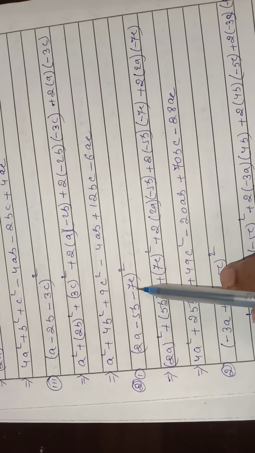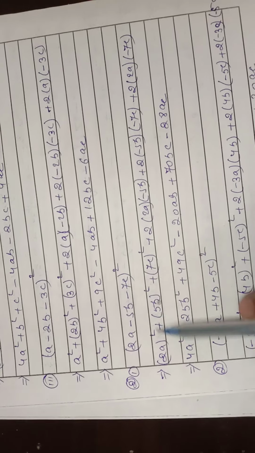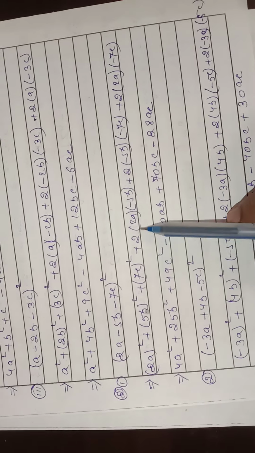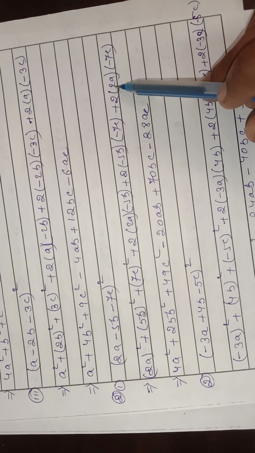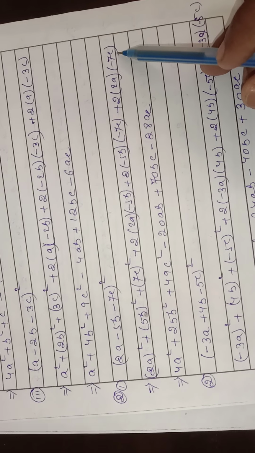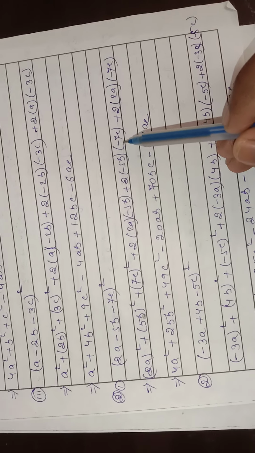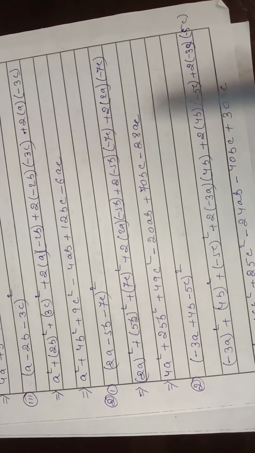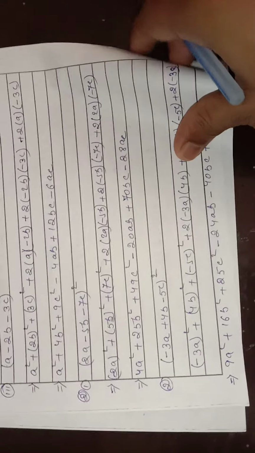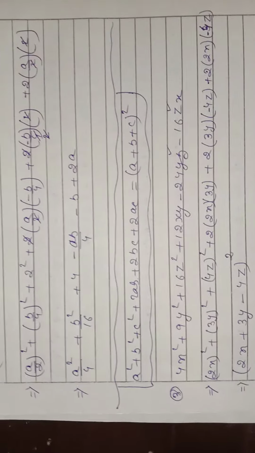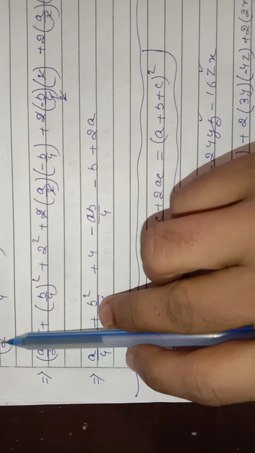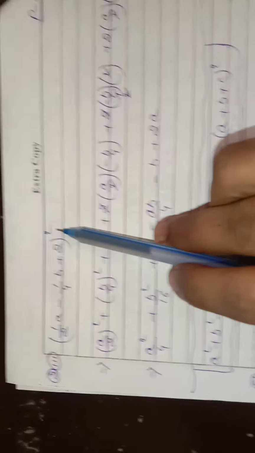(2a − 5b − 7c)². In the same way, a² + b² + c² plus 2ab plus 2bc plus 2ac. What to do? If minus is written, we have to multiply the signs and write our answer. Here also (a − b − c)².